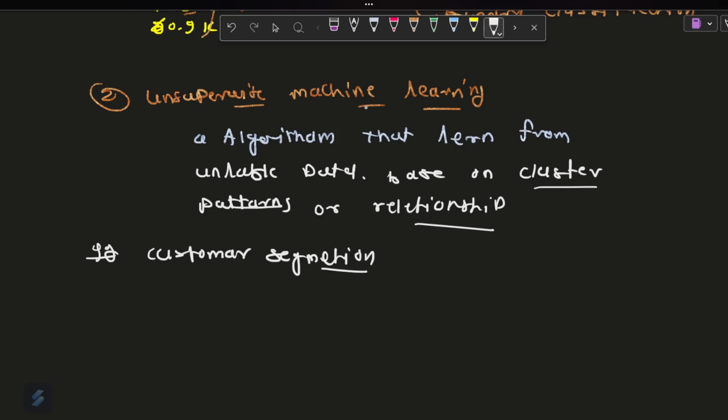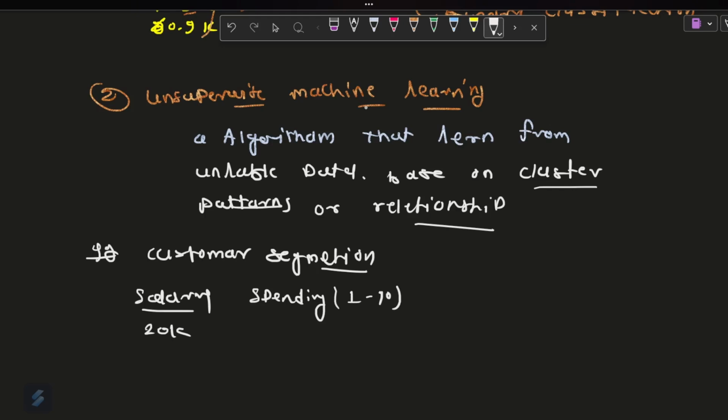Just like we have salary, and second, we have spending, from 1 to 10.